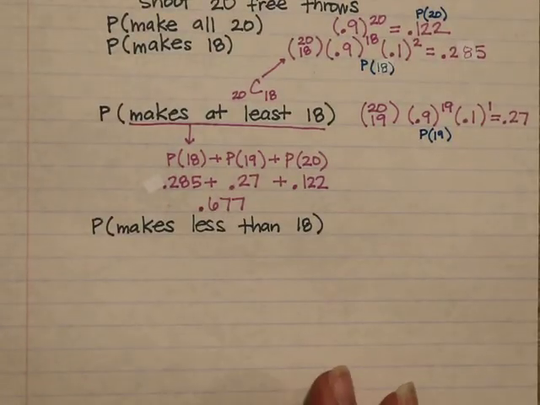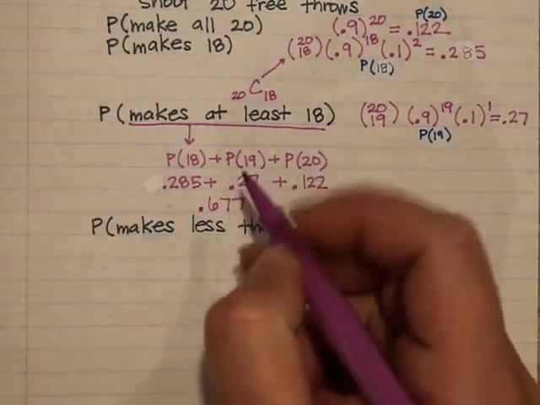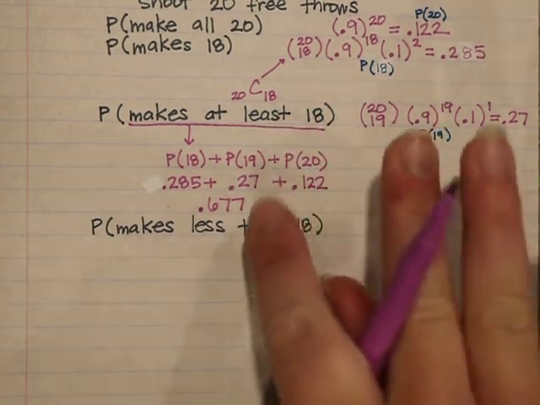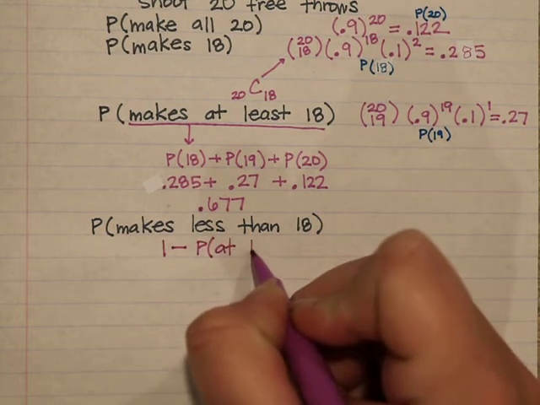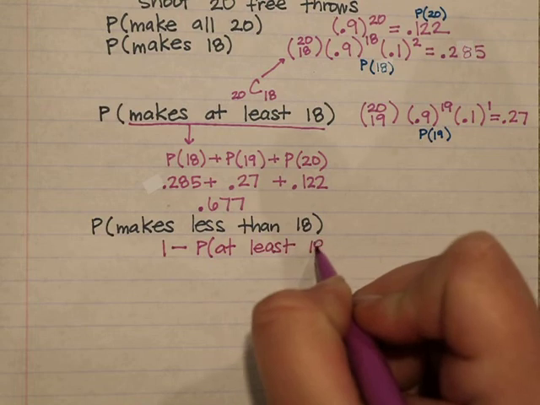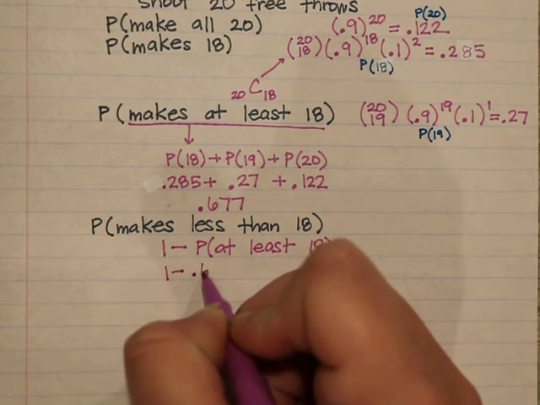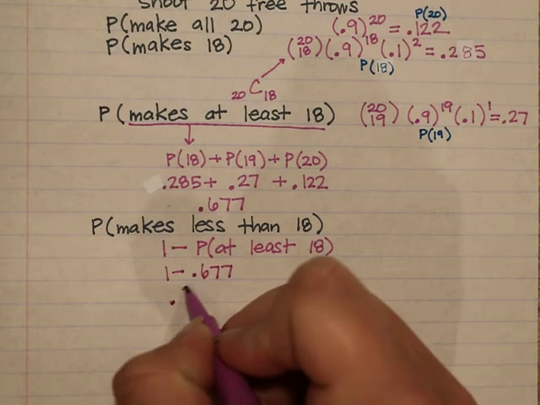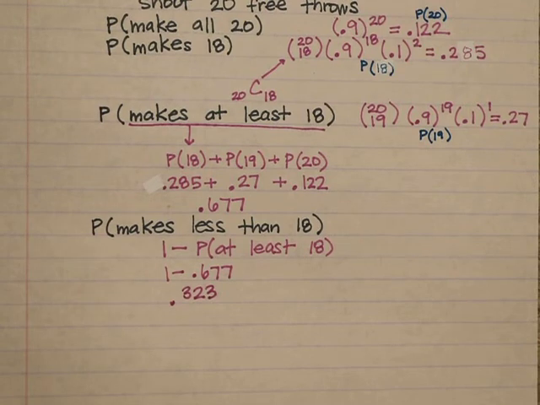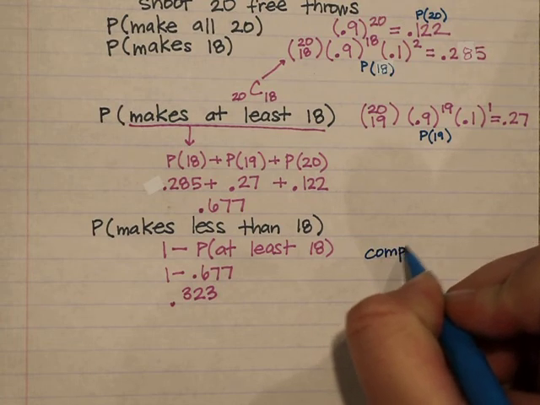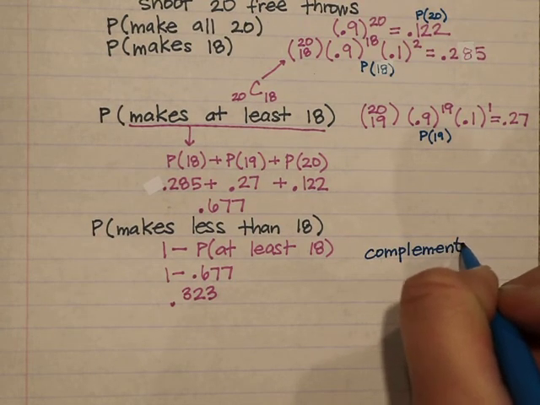So if I know the probability of making at least 18, I can subtract that from 1. And that result, about 1/3 of the time, is how often he'll make less than 18. So that's kind of where it's coming from. To figure that out we have to use this idea of the complement, where we're looking at the rest of the outcomes.